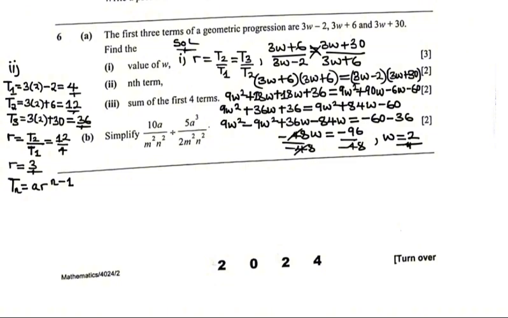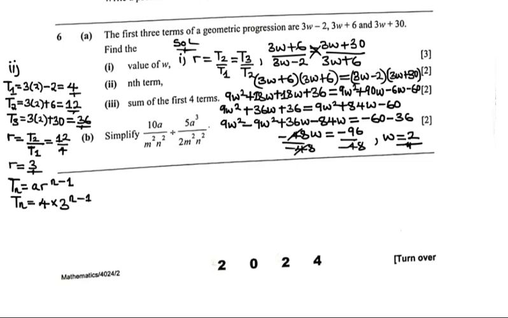On n, we are not going to substitute anything. A is 4, then R is the value we've calculated here, which is 3. Then Tn is equal to A, that is 4, then R is 3, which has the power n minus 1.